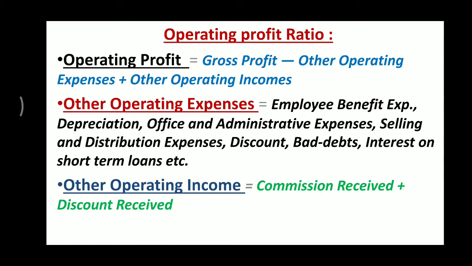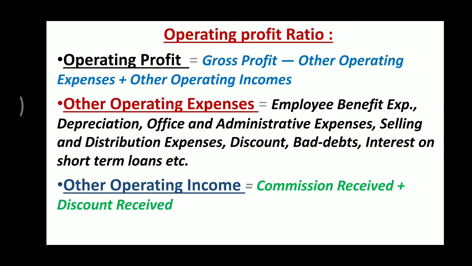Okay, now see what are the examples of operating expenses. Operating expenses include the following: employee benefit expenses, depreciation, amortization also, because depreciation is meant for tangible assets and amortization is meant for intangible assets.